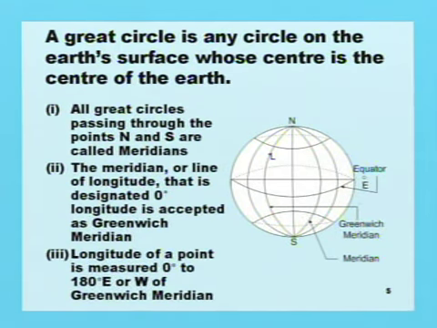And you must remember that the equator is also a great circle, but although it is a great circle, it is not a line of longitude, but it is the line of latitude, which is the equator. And the equator is the circle that has the greatest circumference latitude-wise.